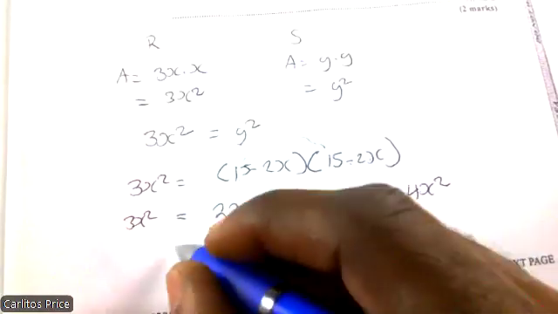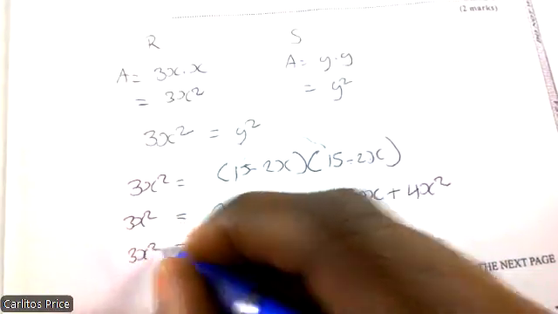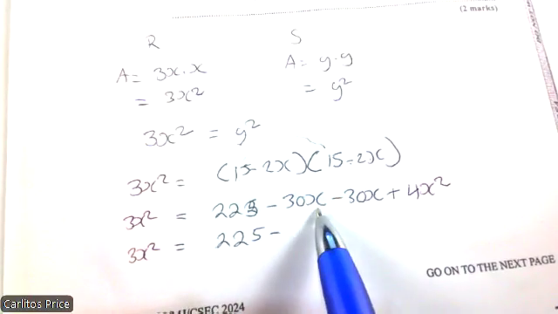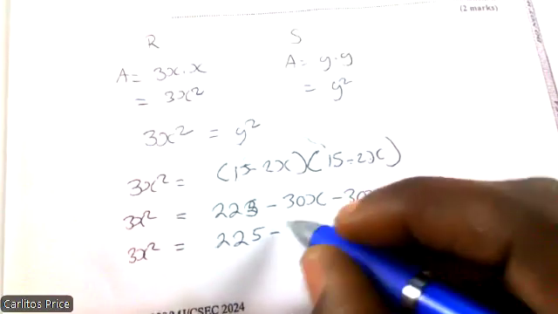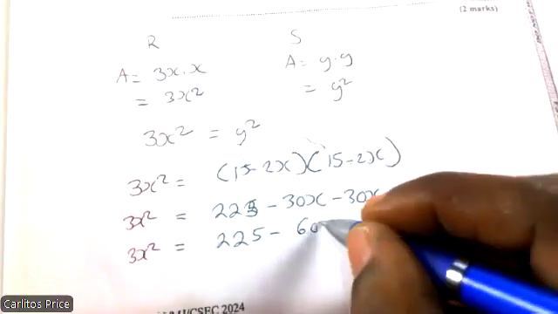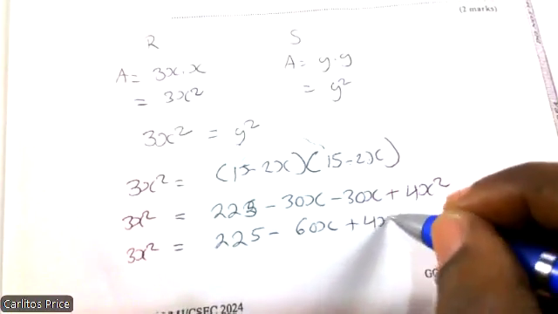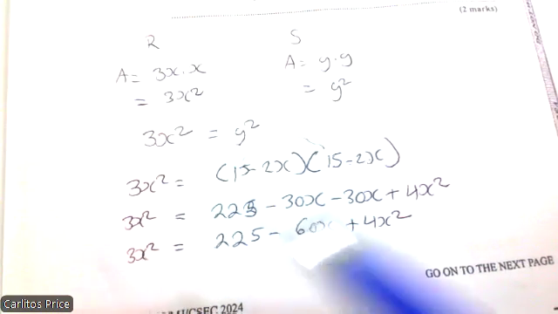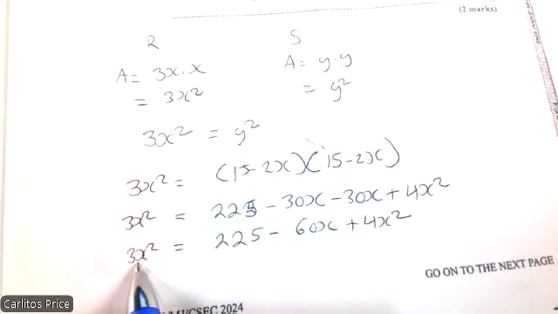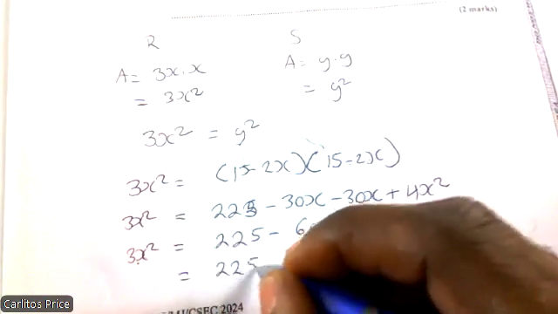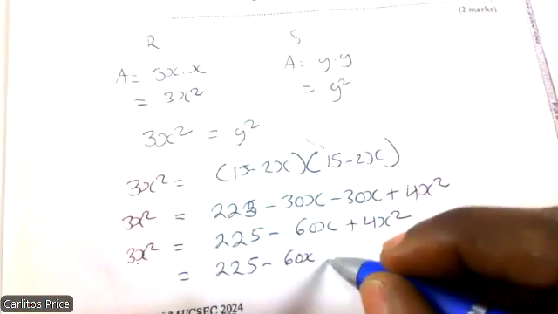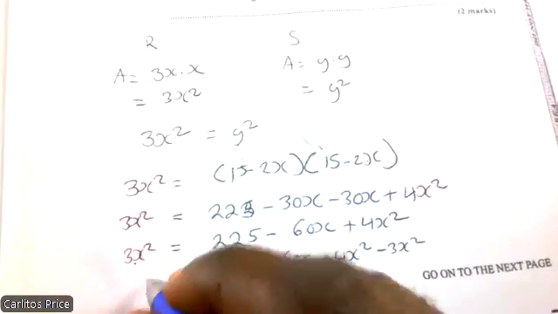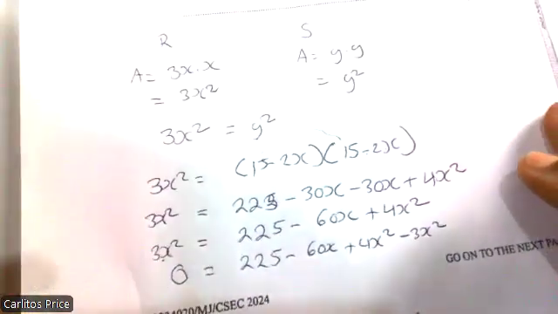So 3x squared is equal to 225 take away 30x, take away 30x. We can add those together because they're both negative, so it's 60x, plus 4x squared. Our equation could go further. We could simplify it even further. So we'll take the 3x squared and put 225 take away 60x plus 4x squared, and take away 3x squared, only leaving me with 0.